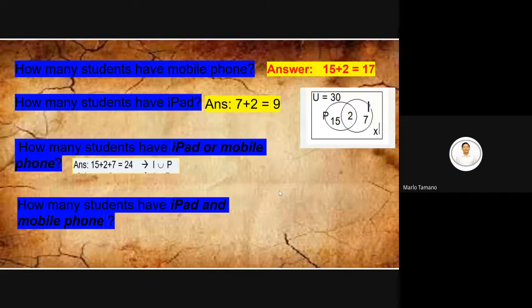What is the clue, Mateo? Clue word. Conjunction. And po. Alright, very good. So we have here and. Kaya 2. Yung intersection lang po ang sagot. And that is correct, Mateo. Very good.